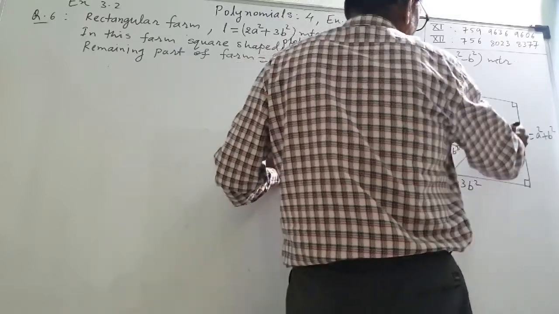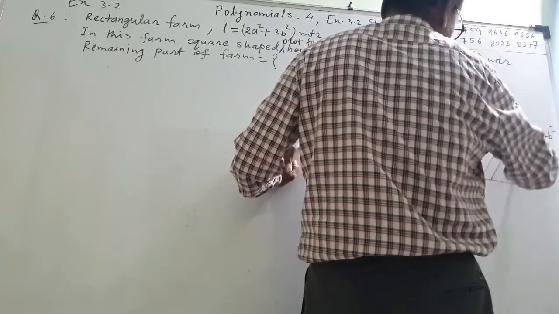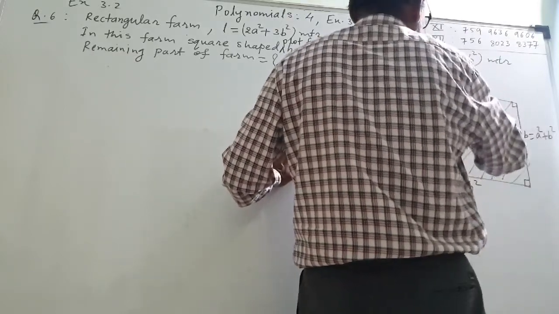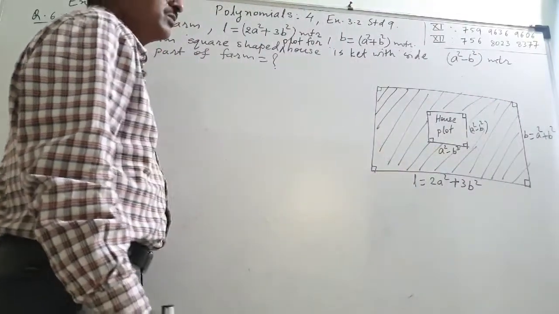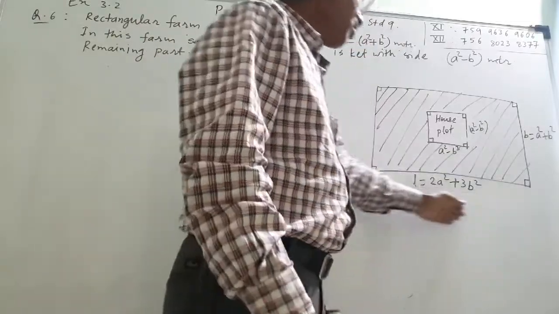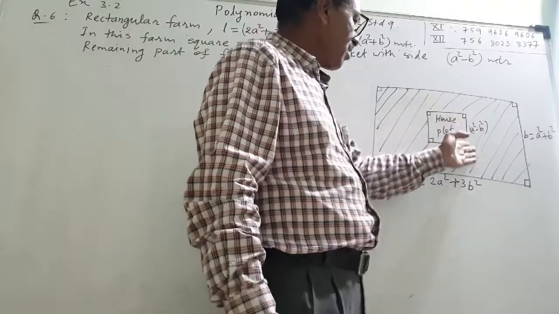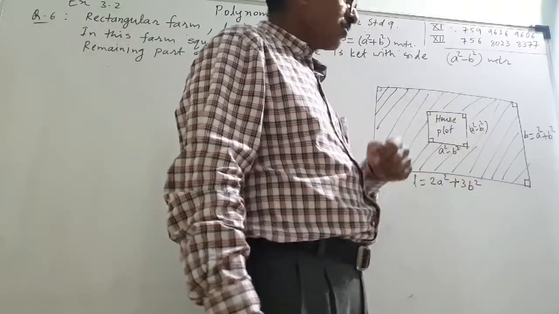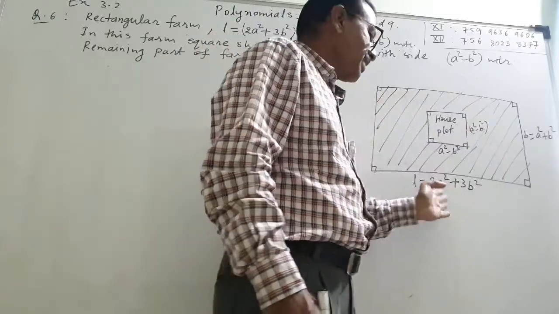So I want to know the area of the total farm, then the area of the house plot, and then I will subtract this from the total area.